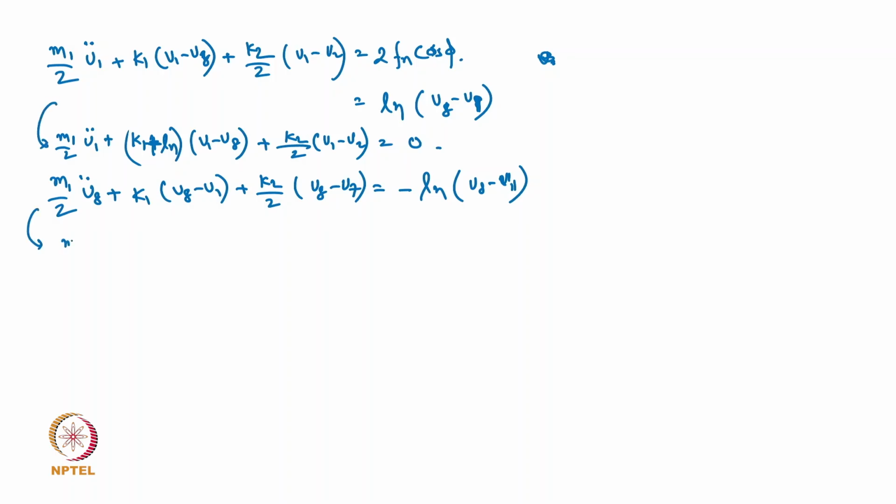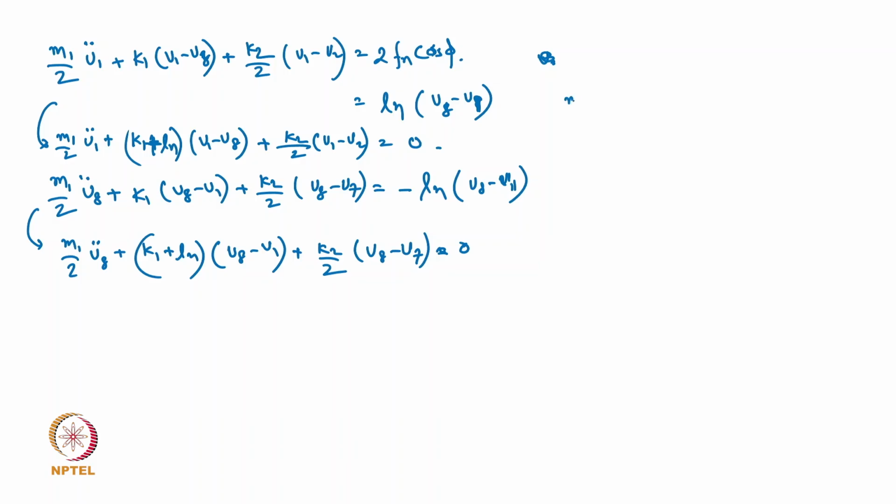So this equation can also be written as m1 by 2 u8 double dot plus (k1 plus ln) into (u8 minus u1) plus k2 by 2 into (u8 minus u7), that should be equal to 0. Fine. And what are my other two equations?